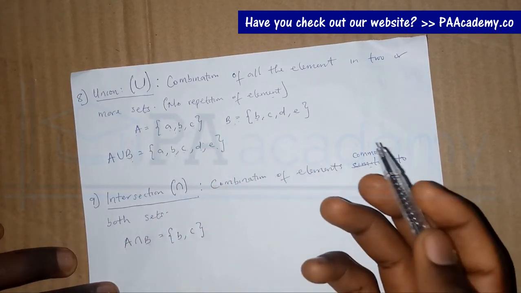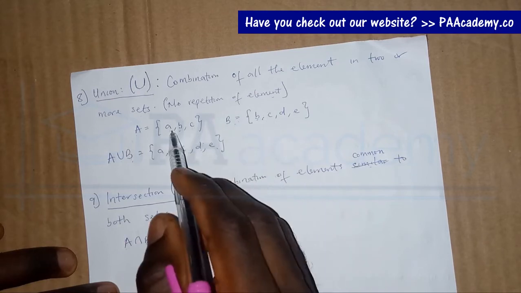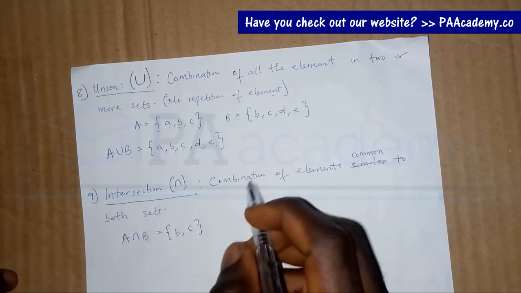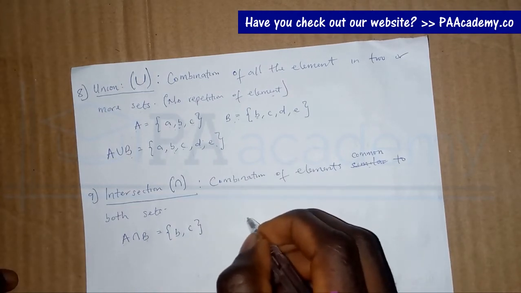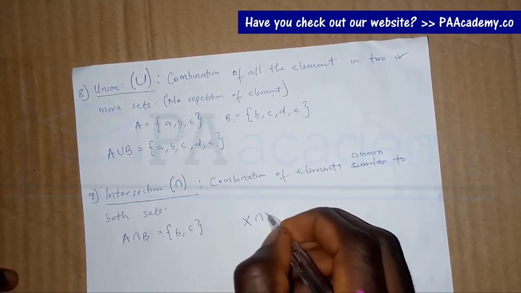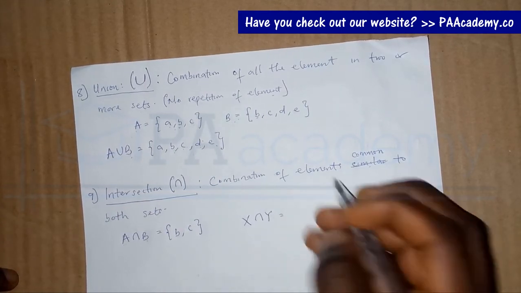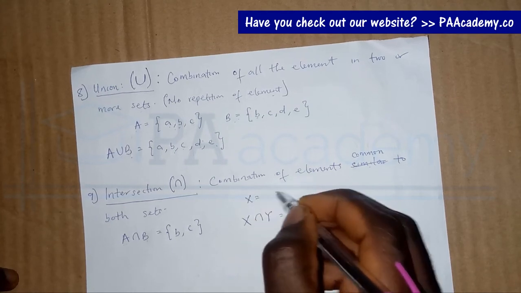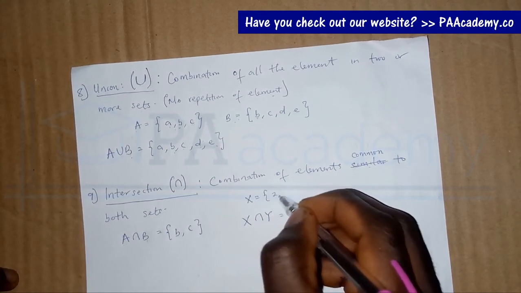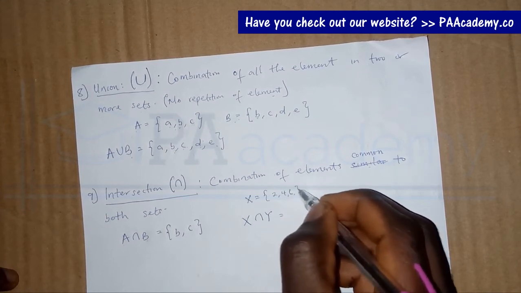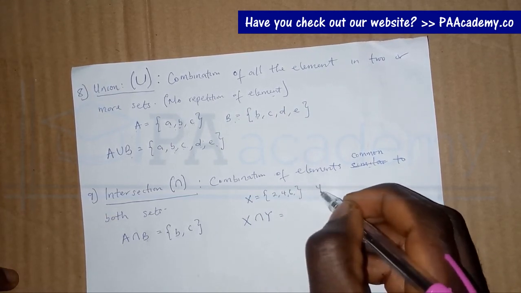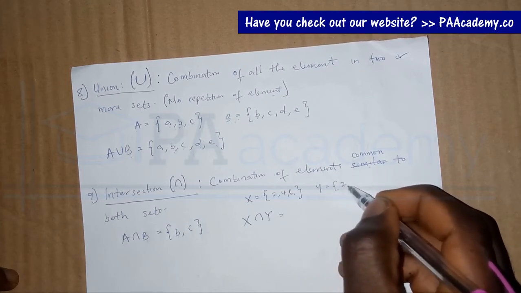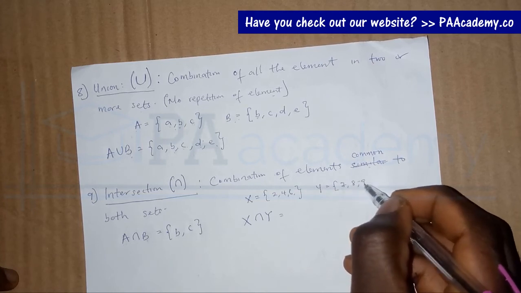Exactly. Now, if for any reason you are given a question and there is nothing common to the two sets you are considering, it's very simple. Let's say you are looking at set X intersection Y, and we have the elements in set X to be 2, 4, 6, and the elements in set Y to be, let's say, 7, 8, 9.